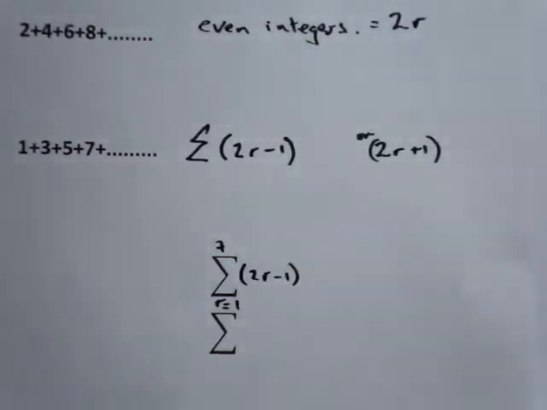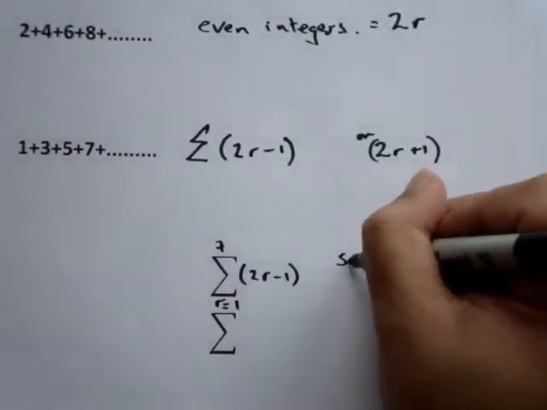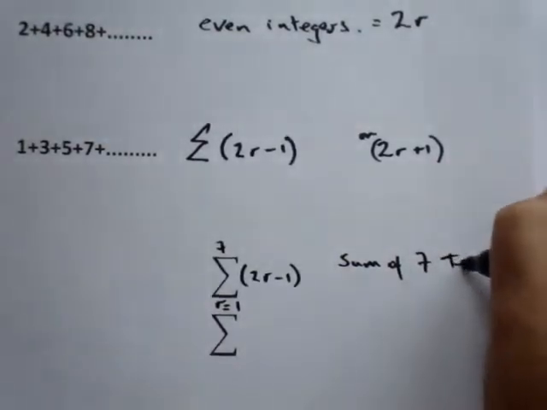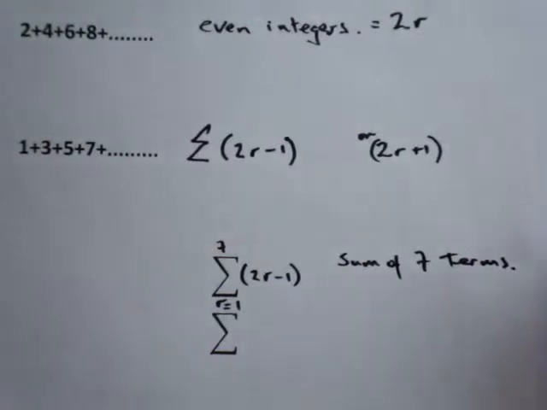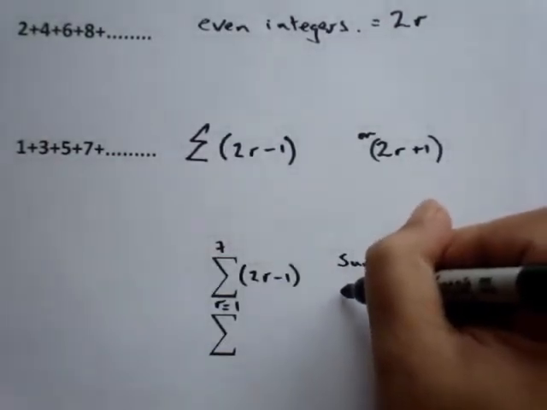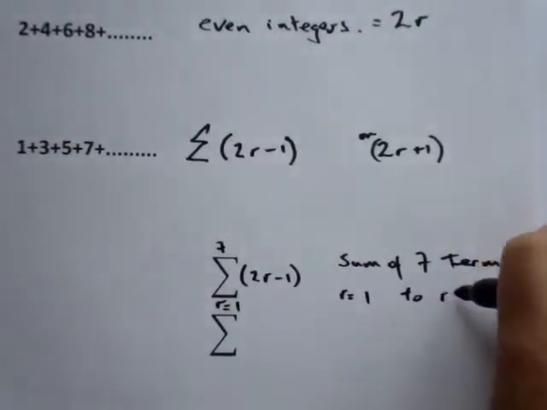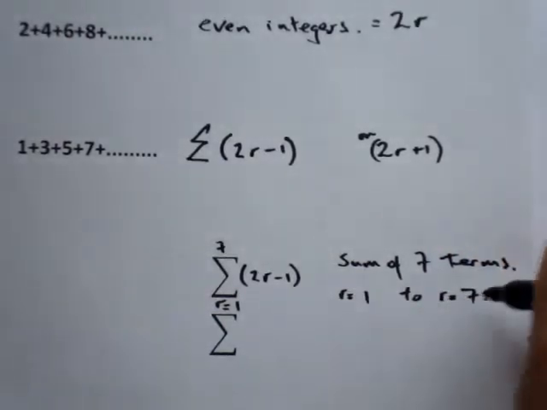This indicates the sum of 7 terms, and the range is from r equals 1 to r equals 7.